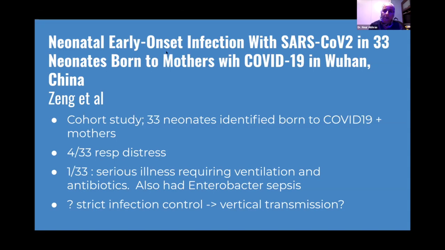But again, because there's no evidence across our country and other nations of positive amniotic fluid, it's hard to say how the babies contracted the coronavirus if they were doing strict infection control, or if, sometimes we know healthcare workers can transmit to babies, especially if they're not wearing adequate PPE and they're asymptomatic transmitters. Next slide, please.